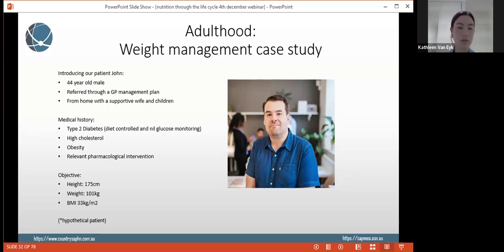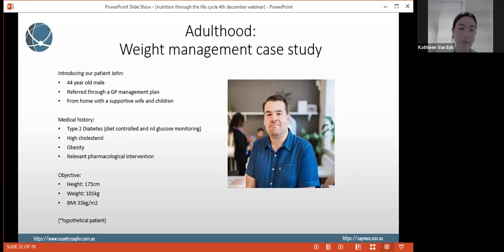So John's medical history: he has type 2 diabetes, which is diet controlled at the moment, so no medications, and he doesn't regularly check his blood glucose levels at the moment, but he's having his HbA1c checked about every 6 months or so. He also has high cholesterol.